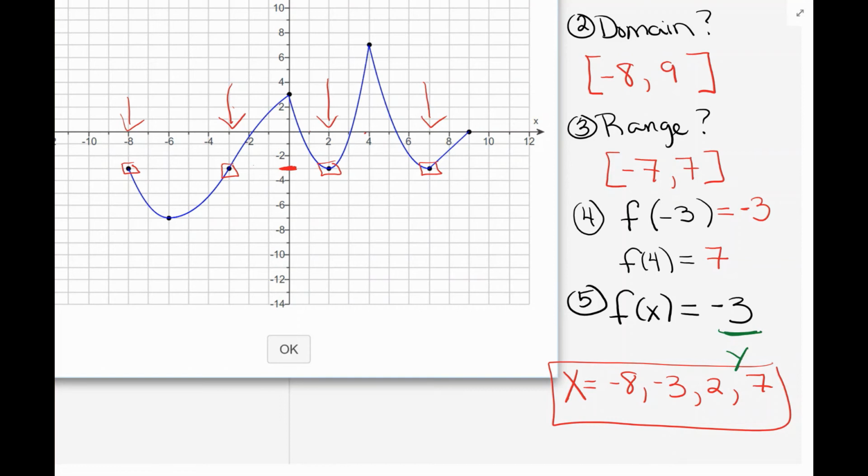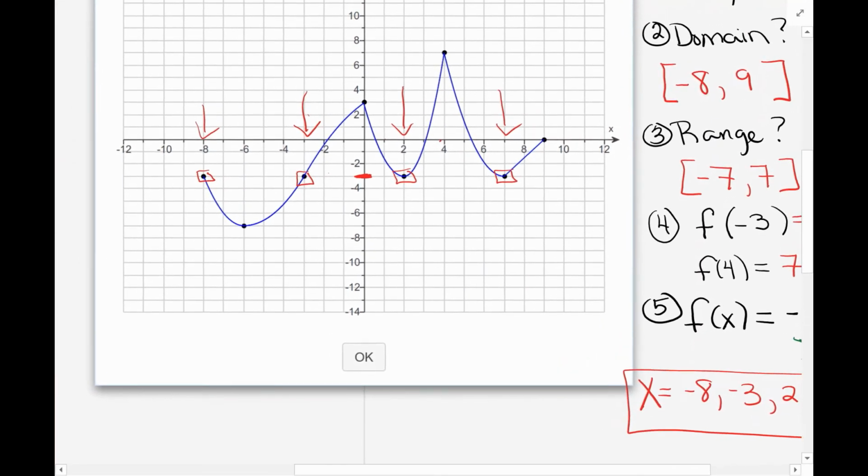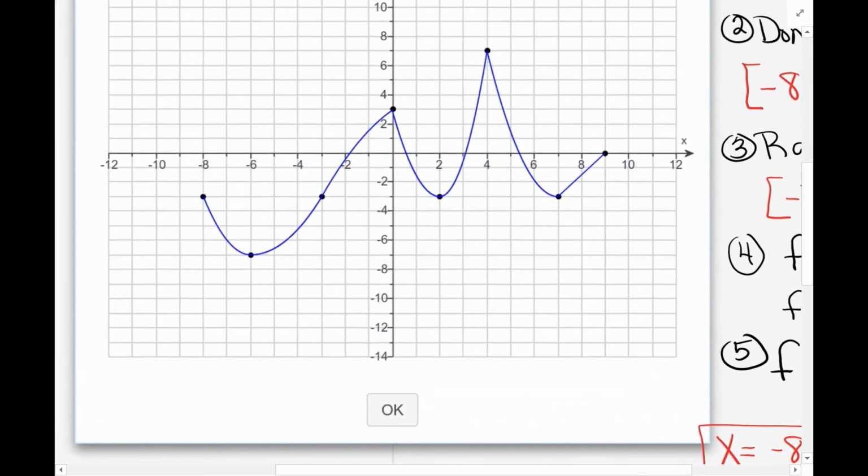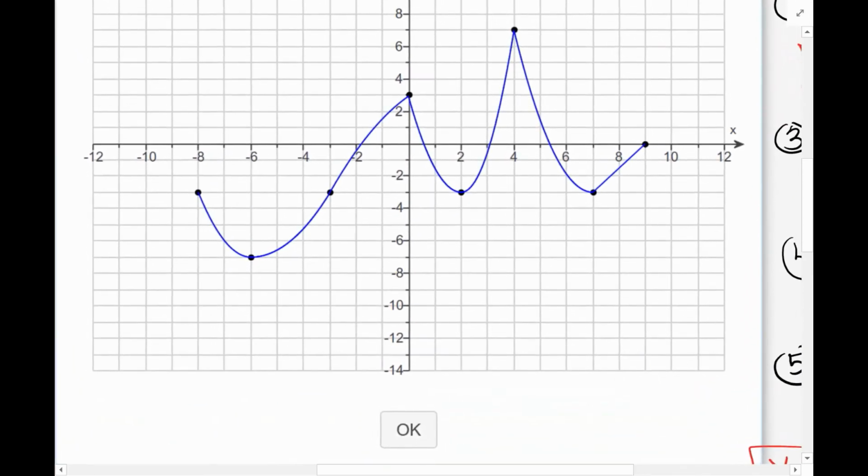Okay, what else can they ask you about this graph? They can ask you about increasing and decreasing. They can ask you where on this graph is it increasing and where is it decreasing. Let's start with the first question, increasing.